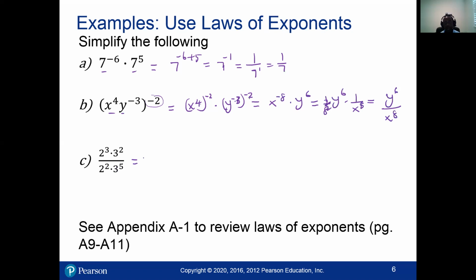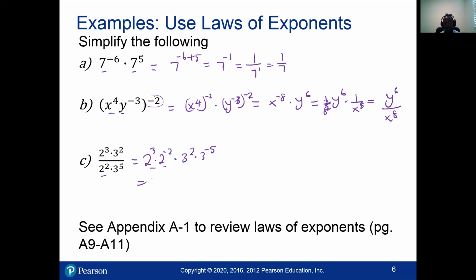All right, so we're going to write 2 to the third times, since this is 2 to the second power, that becomes 2 to the negative 2. Then times we have 3 to the second times 3 to the negative 5. So when you add the exponents, the bases are the same for the 2.